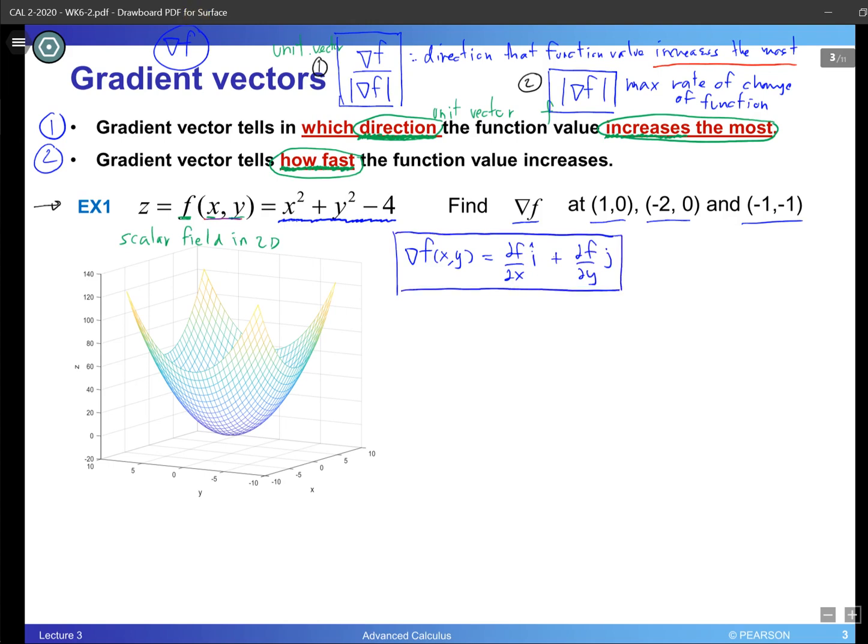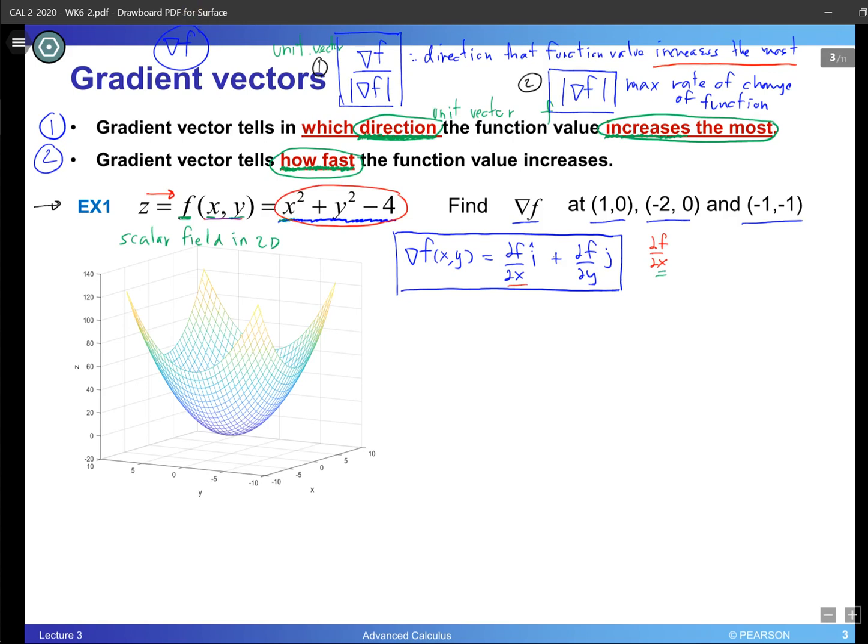Okay? Looks easy, right? So let's start by finding this df by dx. So we are going to differentiate this function right here, these terms with respect to x only. Alright? So we are going to treat y as a constant. So let's start with this term.